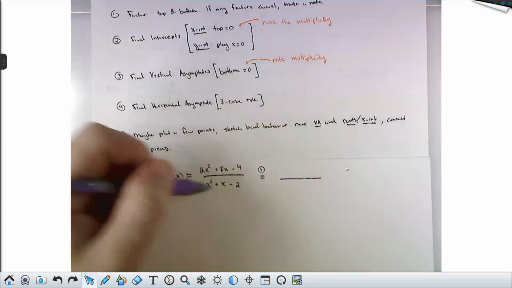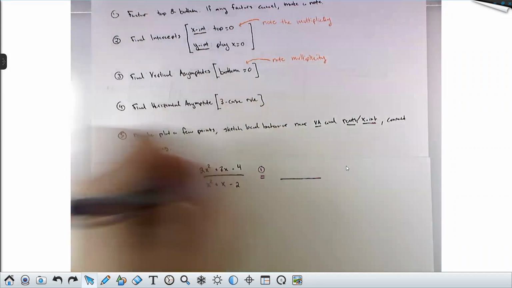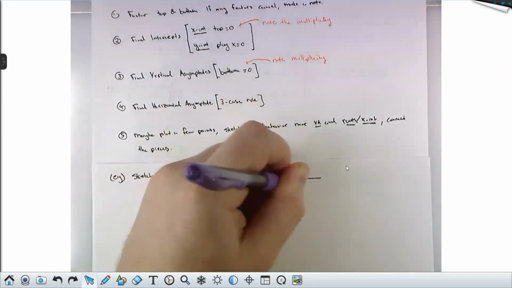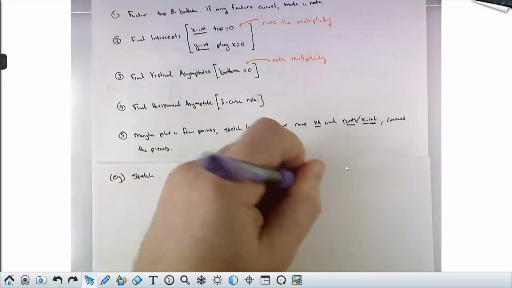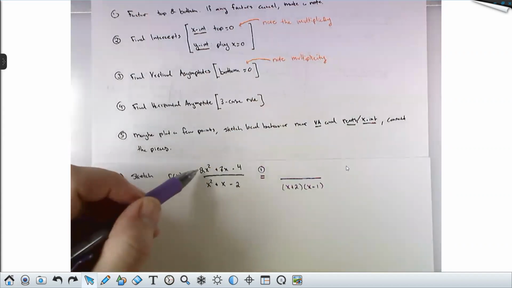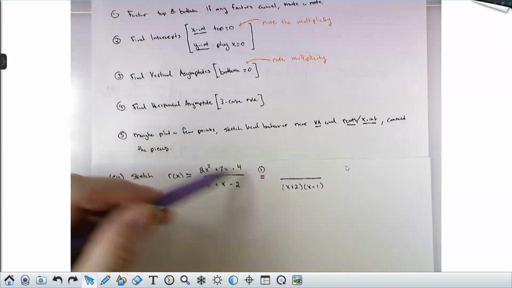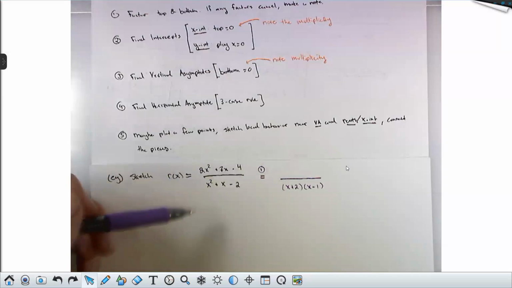The bottom's easy. Two numbers whose product is -2 and whose sum is +1 are +2 and -1. Factoring the top, you would find two numbers that multiply to -8 and add up to +7. Those are going to be +8 and -1.